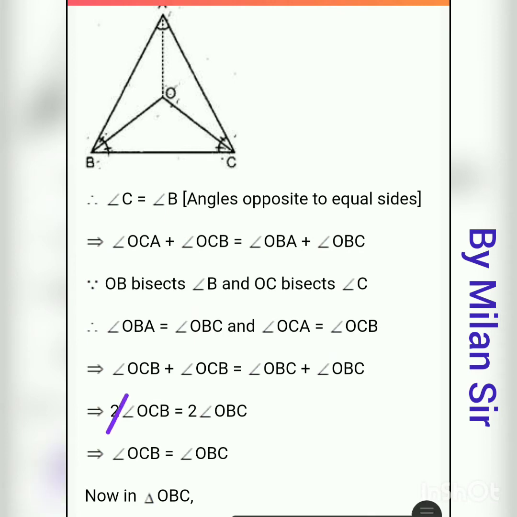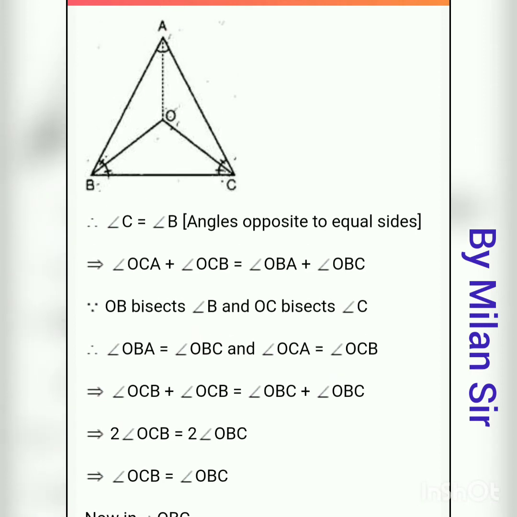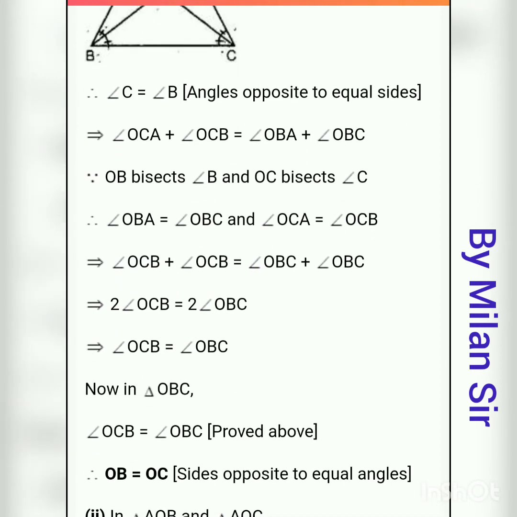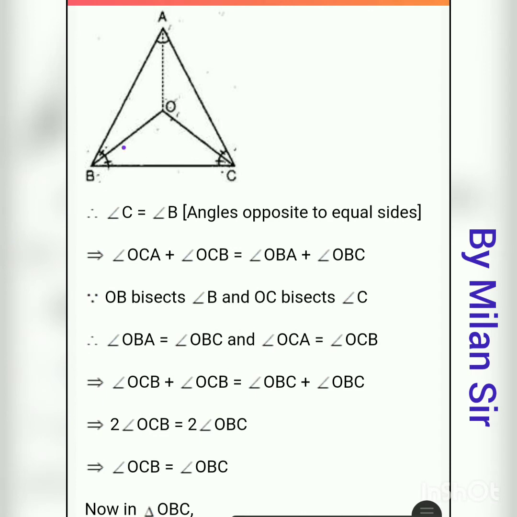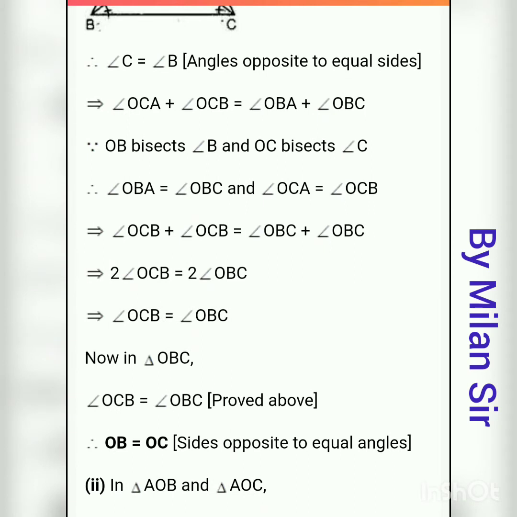Cancelling from both sides, angle OCB equals OBC. It means these two angles are the same. Now we have proved these two angles are the same, so definitely the opposite sides OB and OC are the same. So OB equals OC. The reason: sides opposite to equal angles. So our first part is done.